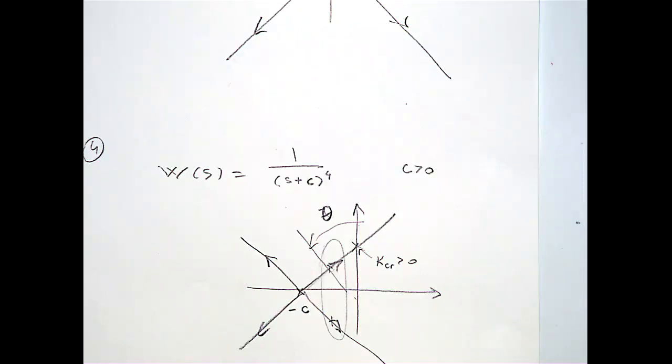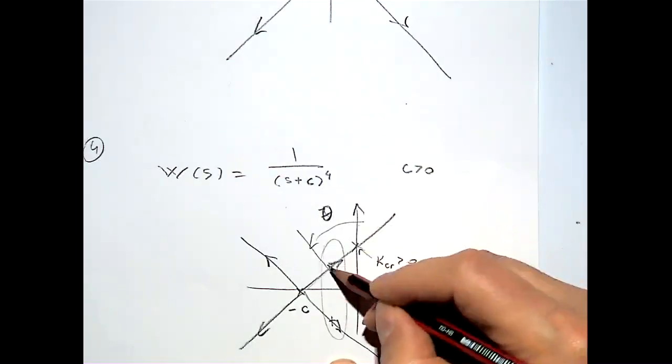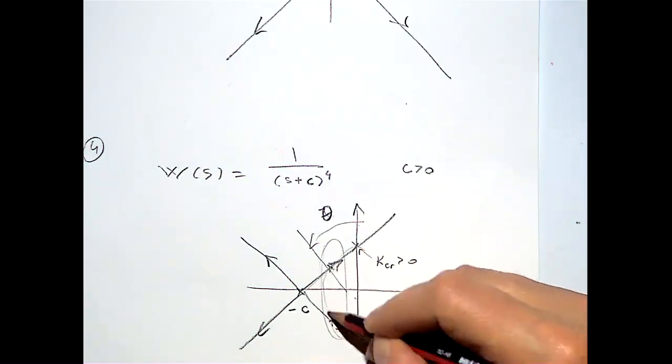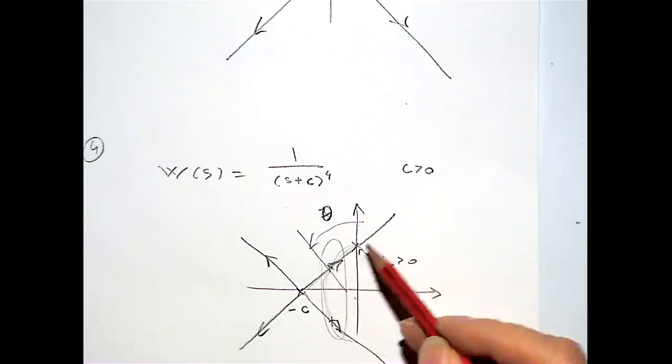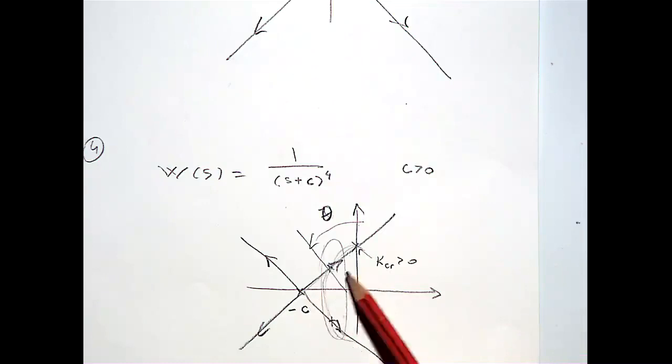What happens with the rise time? Rise time is related to those semicircles, right? So we still need to see, all right, for this value of gain, there are 2 poles, and then you need to look at the semicircle of radius omega n that passes through these 2 points. Note that as we increase gain, the maximum radius of this semicircle would depend on the location of C. By the way, this is 45 degrees, this is 45 degrees, right?